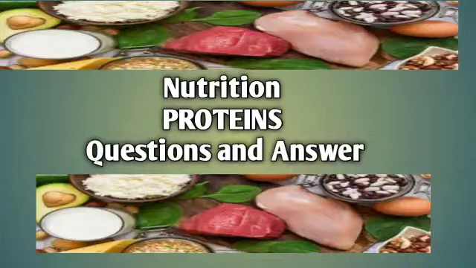Number 3, the linear shape of protein in muscle allows the muscle to change shape during contraction.